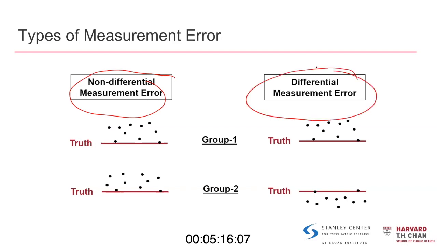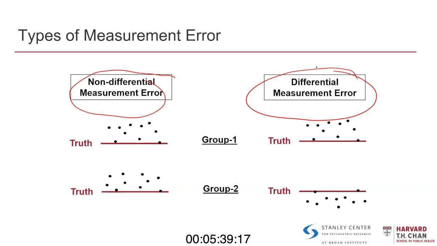A non-differential measurement error, as the name implies, occurs if there is an equal misclassification of the exposure between subjects that have the disease and those that do not, or an equal misclassification of health outcome between the exposed and unexposed individuals.